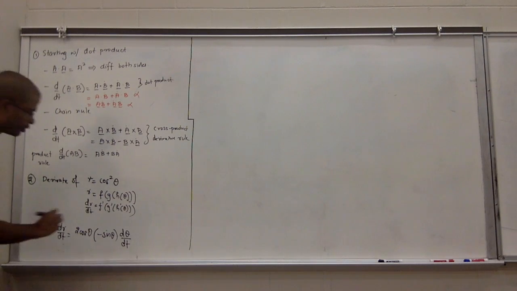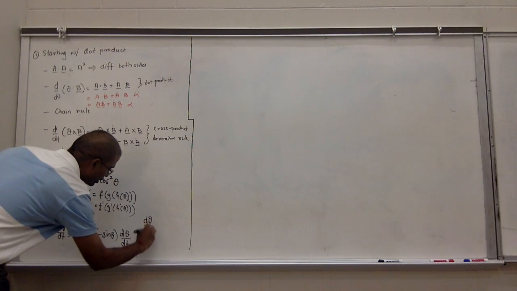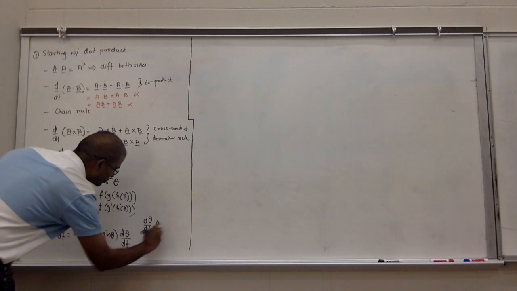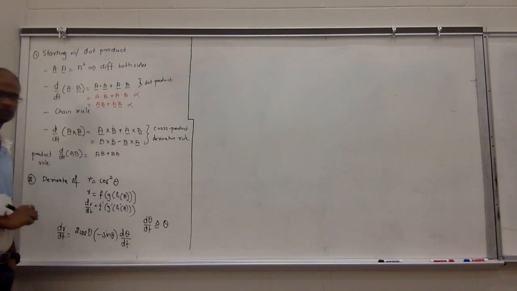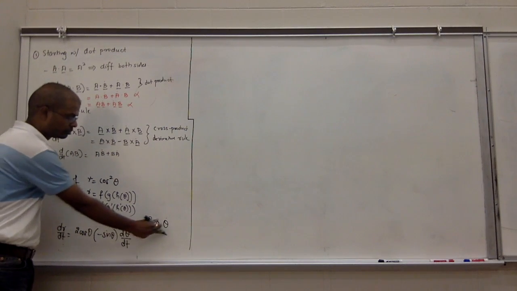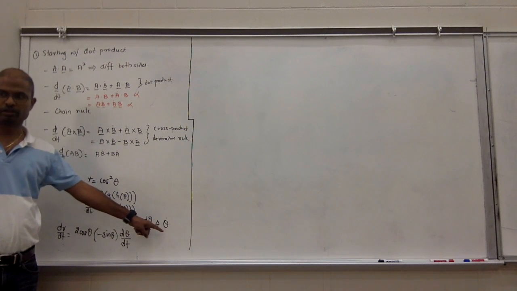This is what I have told you here: you can use this notation. Everybody understands what a notation is? It's a representation. So d theta by dt can be expressed as theta dot.